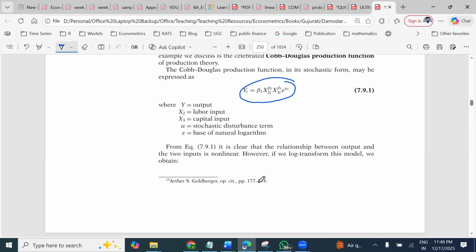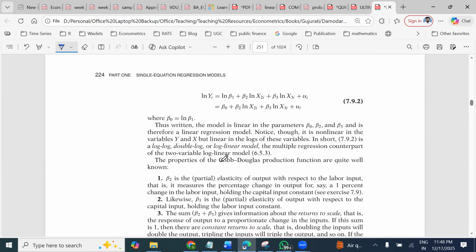So now, first of all, is this a linear model or a non-linear model? Non-linear model, sir. So what it is saying, the relationship between the output and the inputs is non-linear. However, if we log transform this model, after the log transformation, we will get this, right?